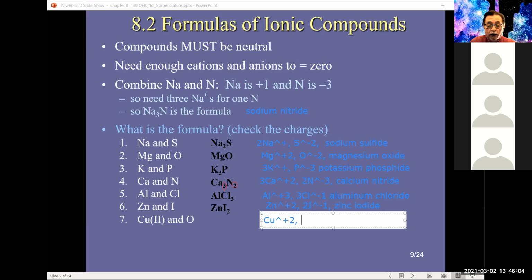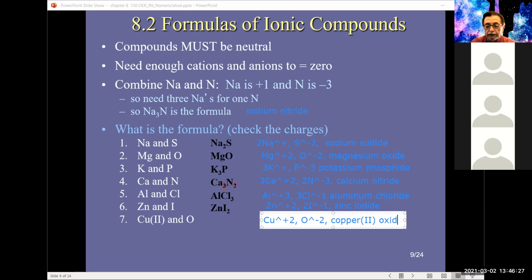Oxygen is in group 6. When it becomes ionic, it becomes a -2 charge. The name here is copper, Roman numeral 2, because that is the oxidation state we're using.